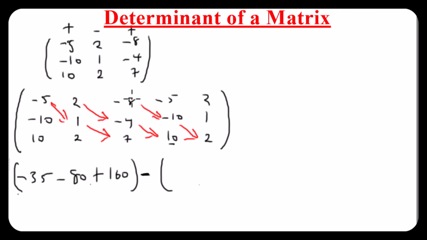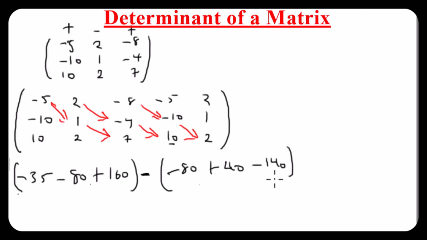So 10 times 1 times -8, so that's again -80 plus, okay, 2 times -4, -4 times -5, that's 20. 20 times 2, that's 40. Okay, and then 7 times -10, that's -70. So 70 times 2, that's 140. So sorry about this. So that should be -140.